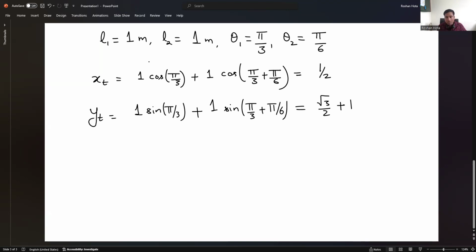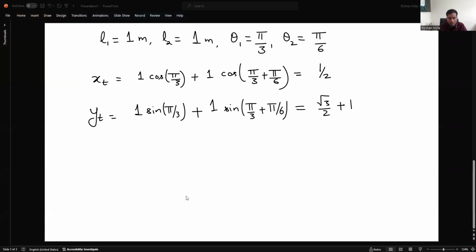I can also use MATLAB to compute these values. So we have cos(pi/3) plus sin(pi) plus cos(pi/3 + pi/6).